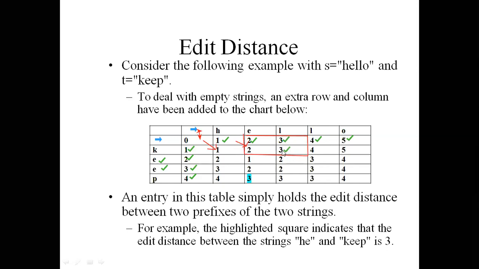This one, 3, 2, 2. Out of these three values, which one is the minimum value? 2. For 2, you can add 1. Then you will get 3. So maybe this 2 or this 2.